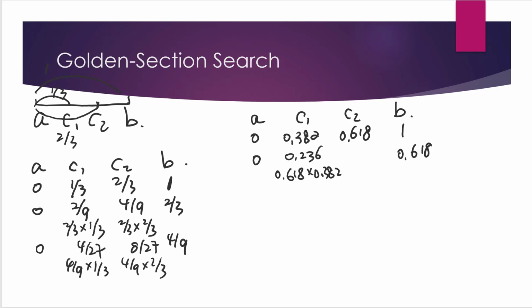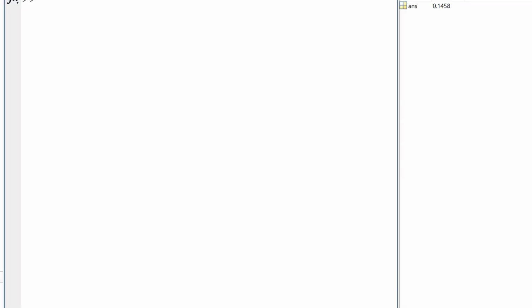And C2 will be the total length 0.618 times 0.618. Let's calculate this: 0.618 squared is 0.382, right?